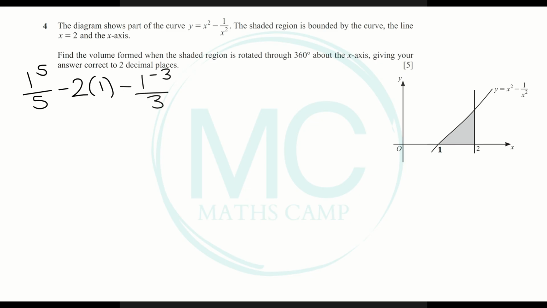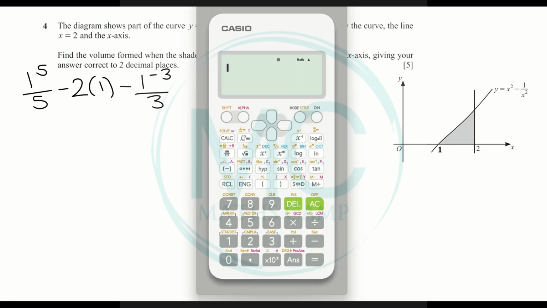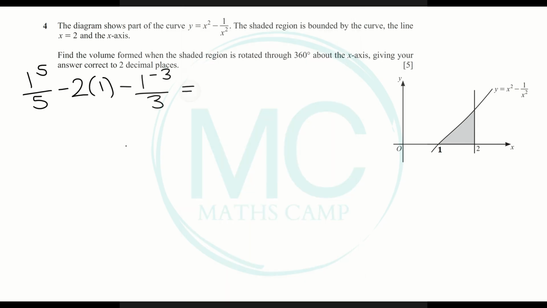Remember that regardless of whether an exponent is positive or negative, if you have a base of 1, your value will remain as 1. So now we can take our calculator, and we're going to have 1 over 5 minus 2 multiplied by 1, which is simply 2, minus 1 over 3 is equal to negative 32 over 15. You can say negative 32 over 15.